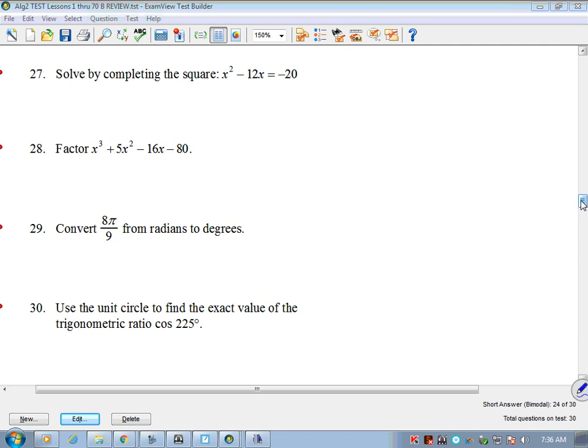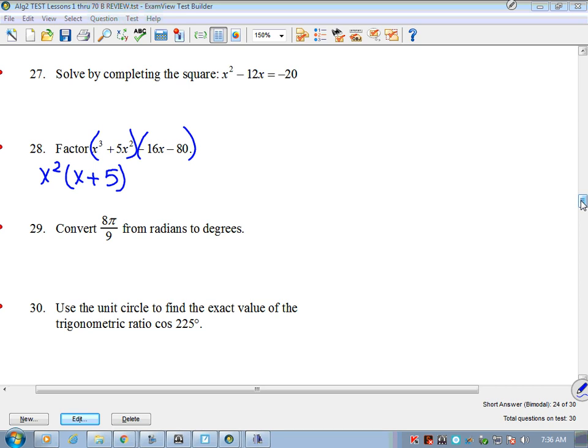Number 28, let's first see if we can factor by grouping. Looks like I can take out an x squared. That's going to leave me with x plus 5. Next thing I want to see is will 16 go into 80? Preferably, will negative 80 divide by negative 16? And yes, it does, by 5.